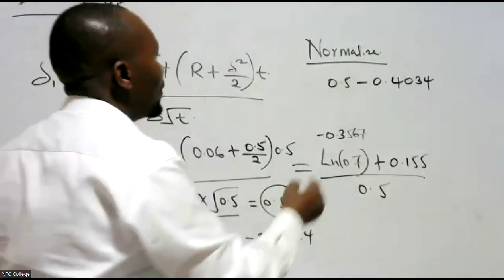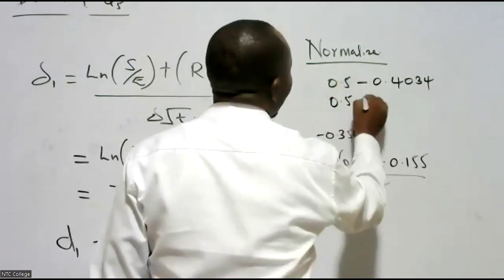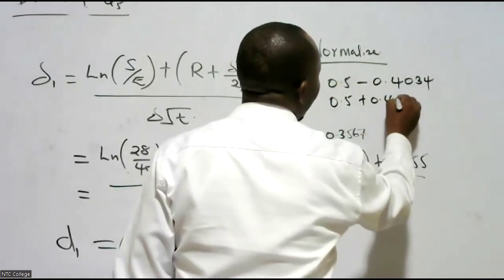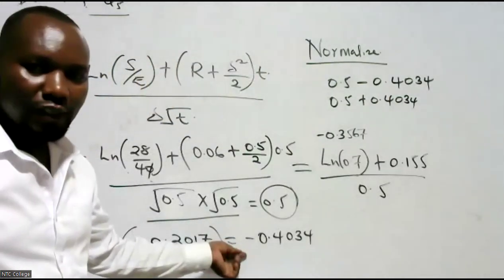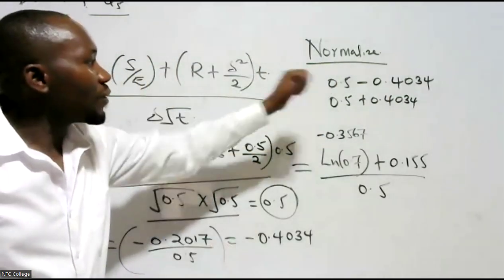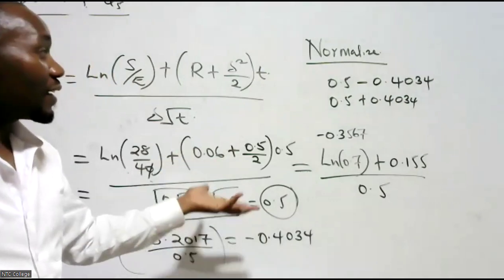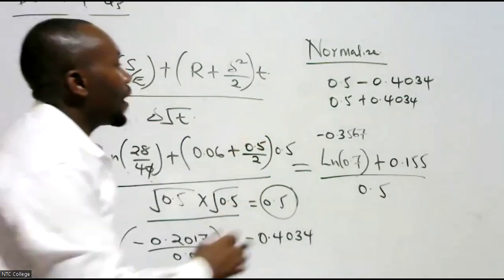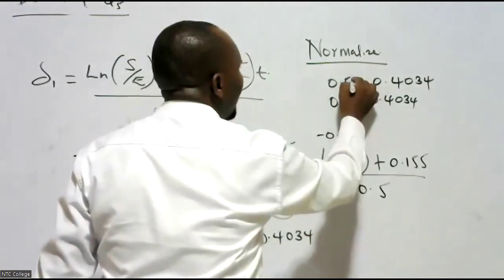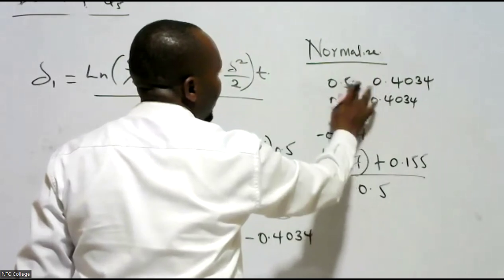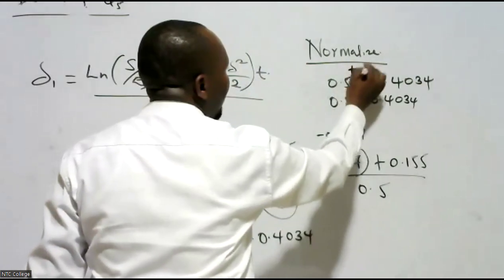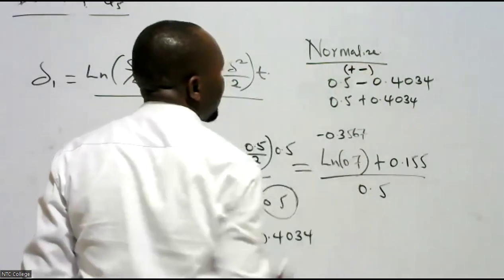If it was positive, you say 0.5 plus 0.4034. Hii figure, kama ingekuwa positive, you add 0.5. Only that if you add it is already negative. So if you have this minus, this plus minus, the effect is minus. And when you have plus and minus, the effect is minus.